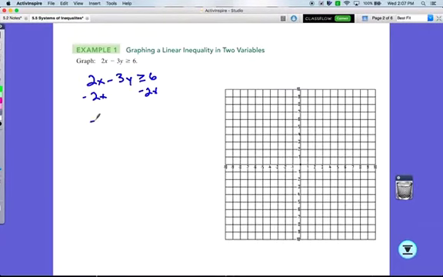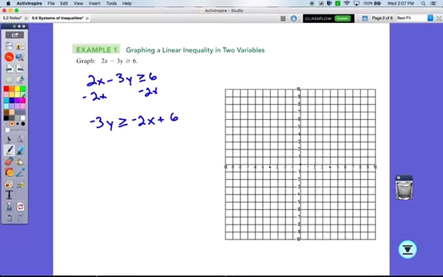This gives me negative 3y is greater than or equal to negative 2x plus 6. I can't combine the x and the 6 because one has the x and one doesn't. Then I'm going to divide everything by the negative 3.